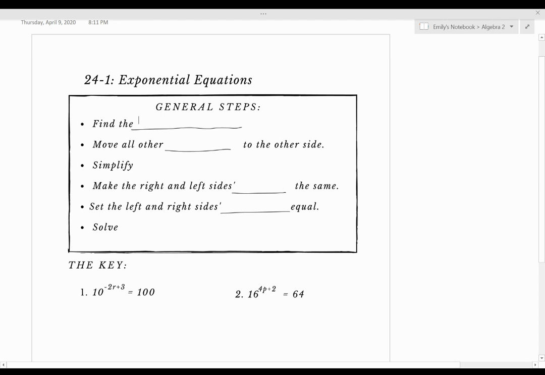So we're going to find the exponents or exponent first. And then we're going to move all other constants or coefficients to the other side. Does anybody remember what a constant or coefficient is?